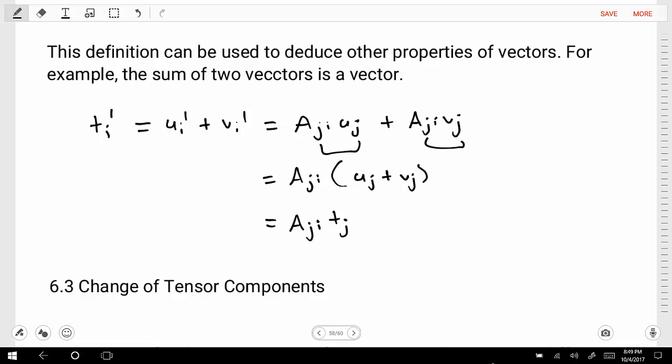So we can use this to show that vectors are physical quantities, and that any of the operations that we know are coordinate free remain true, right?